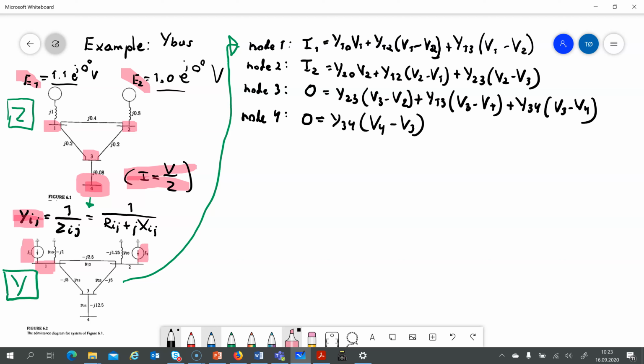And then we have the part between bus 1 and 2, this one. And then we have between bus 1 and 3, like here. So be very consistent and careful when you do this to get the right expressions.